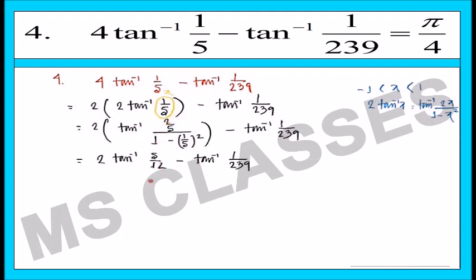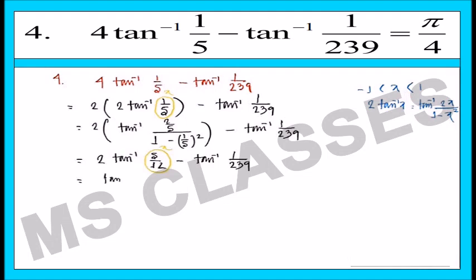Now here we apply the formula again, this formula. Here you see, this number is 5 by 12. Now this number is less than 1 and greater than minus 1. So here again, we apply the same formula. So this will be what?